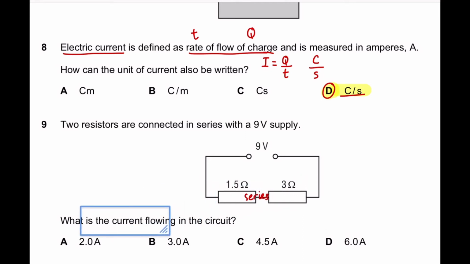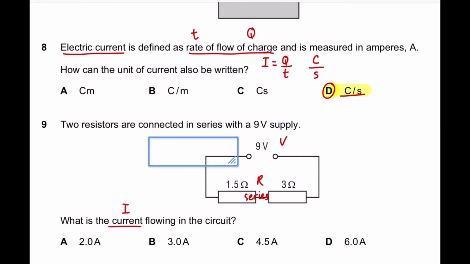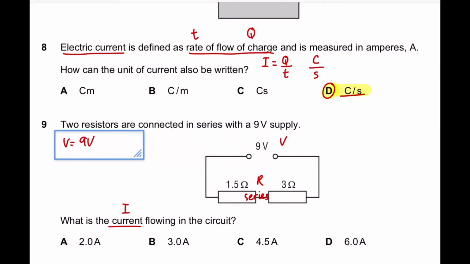The question is asking what is the current flowing in this circuit. Okay, we have current. Let me label that with the symbol I. We have resistors, and we have the 9-volt supply, which is V. So V is equal to 9 volts.